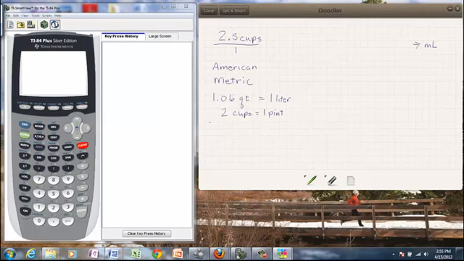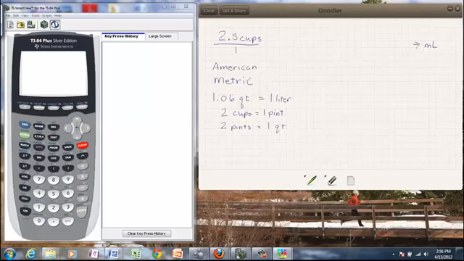And I can get from pints to a quart. Okay, that feels pretty good. But notice here that I have liters. I don't really have my goal, which is milliliters yet.